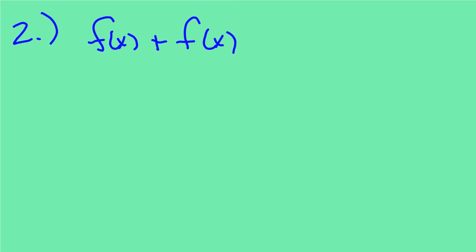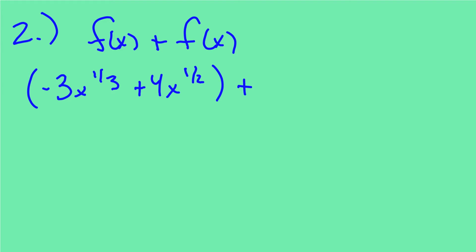Now we have f of x plus f of x for number 2. The first thing to do is put negative 3x to the 1/3 plus 4x to the 1/2 plus negative 3x to the 1/3 plus 4x to the 1/2. Because there's a plus sign in between, I just ignore all those parentheses. I combine anything that has the same variable and same exponent.